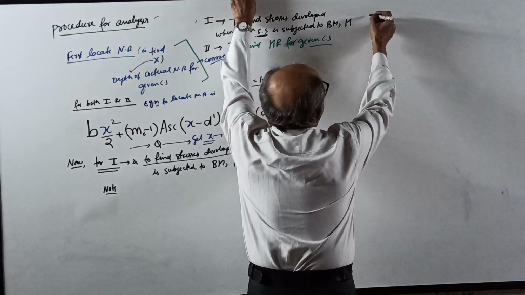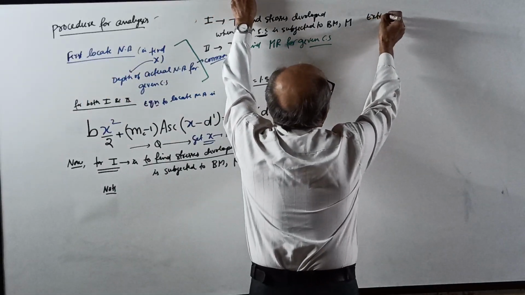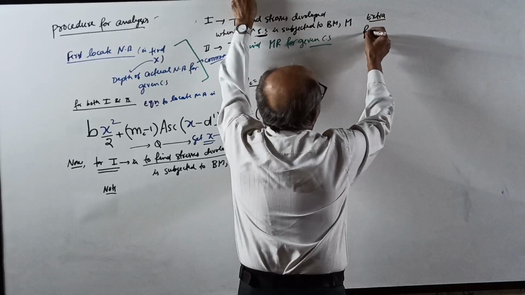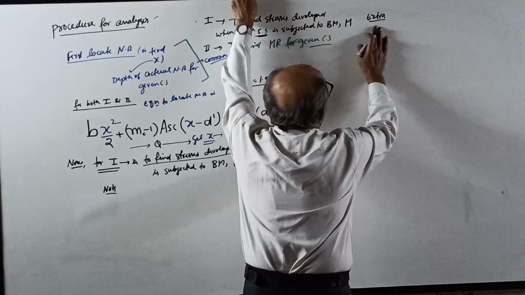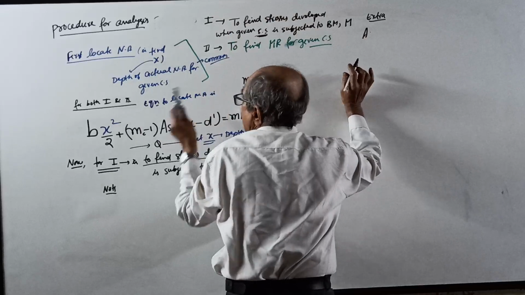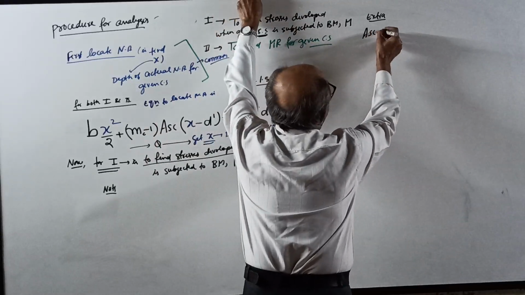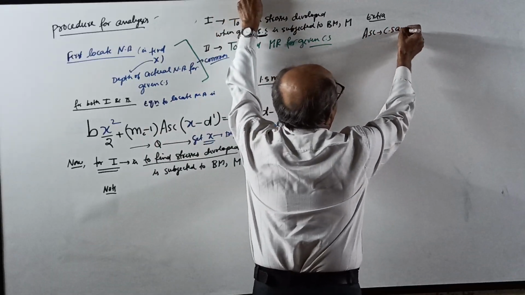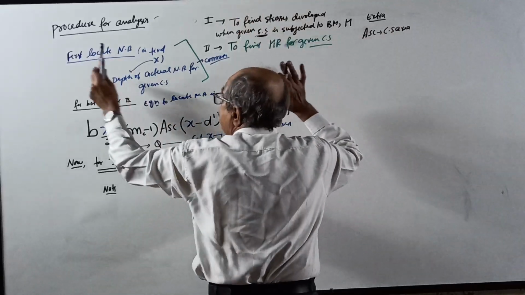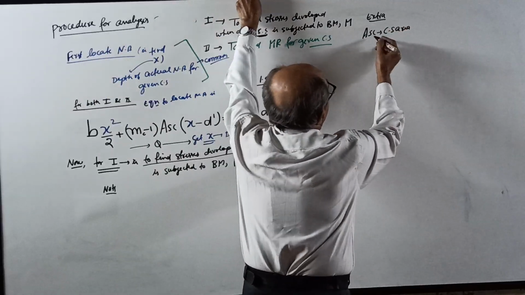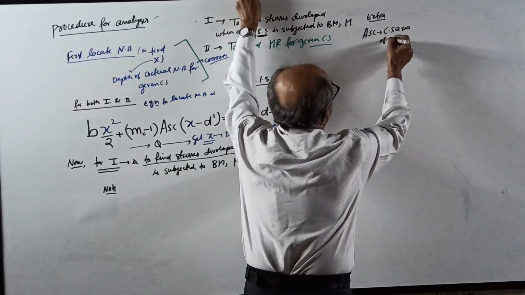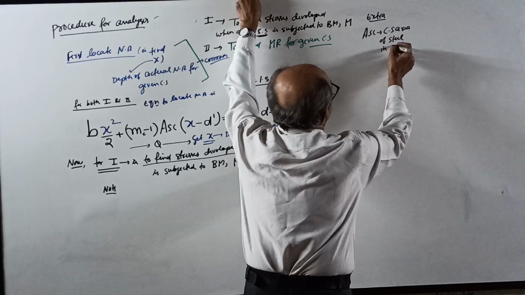I forgot. Some extra terms are required. One of them is D dash, ASC. First, I forgot to tell ASC here. ASC is cross-sectional area of steel in compression.